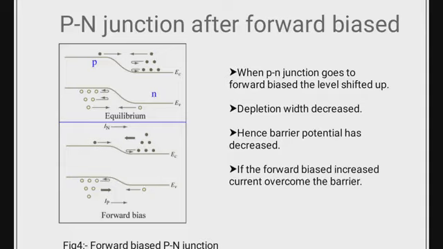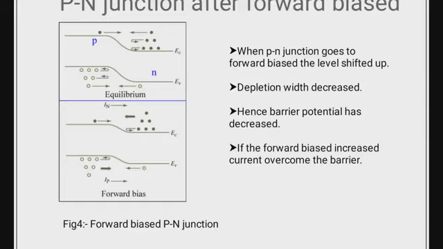That means the P terminal is connected to the positive polarity of the battery and the N terminal is connected to the negative polarity of the battery. So what is happening? If we compare these two diagrams, we see that this portion or this level goes up a little as compared to this.